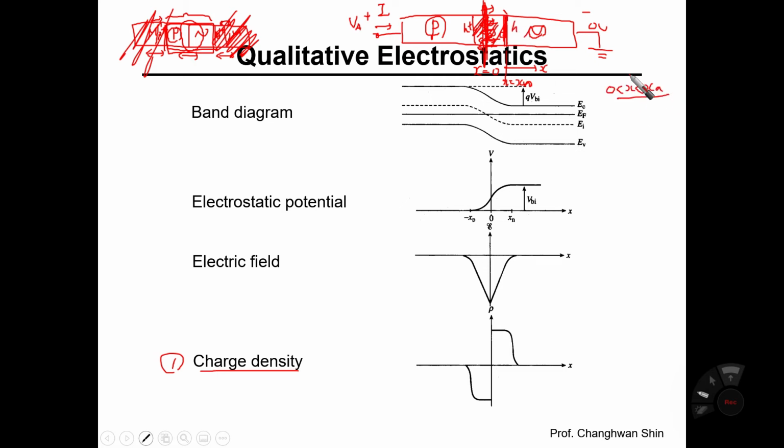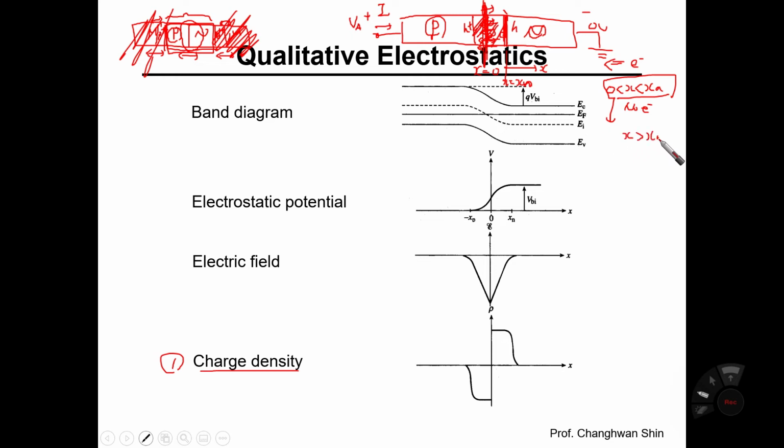in this region, all the electrons have diffused toward the p side, so there are no electrons. That means this region is fully depleted of electrons.